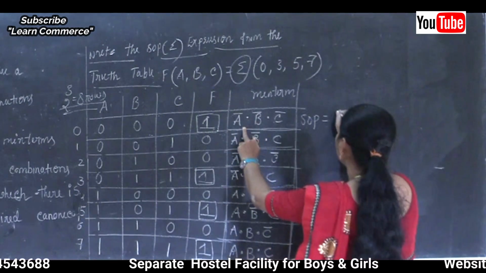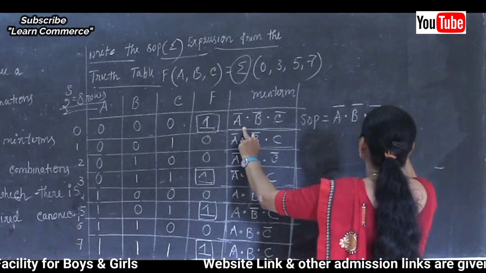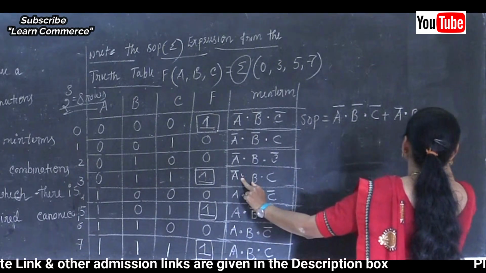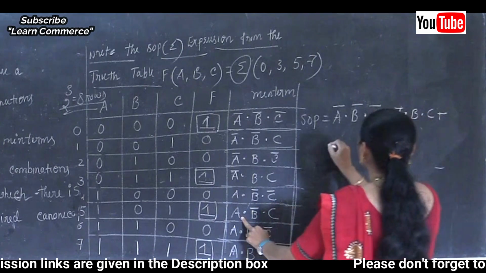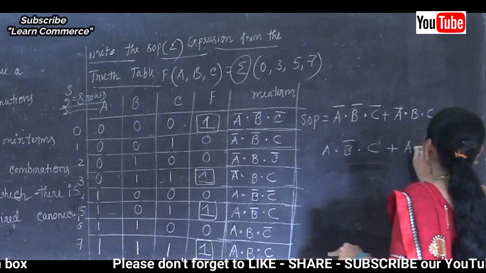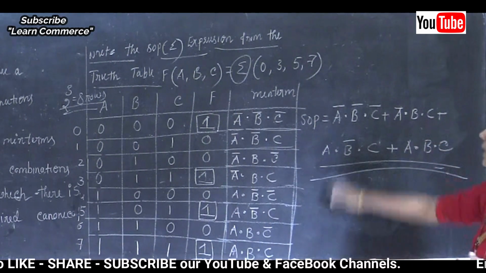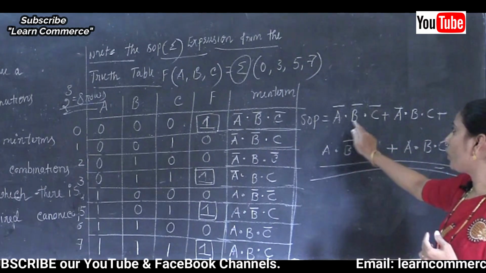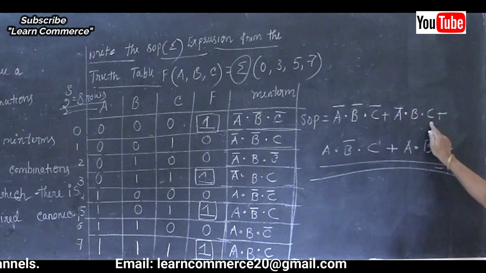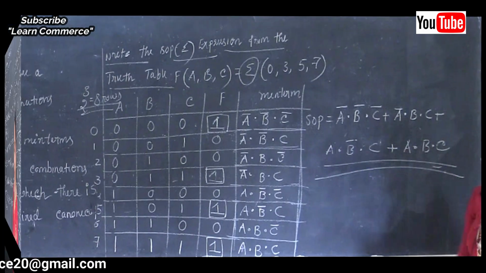So the SOP is complement A, complement B, complement C plus complement A, B, C plus A, complement B, C plus A, B, C. This is the answer of the SOP: complement A and complement B and complement C plus complement A and B and C plus A and complement B and C plus A and B and C.